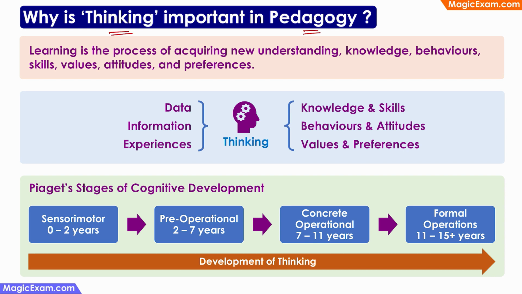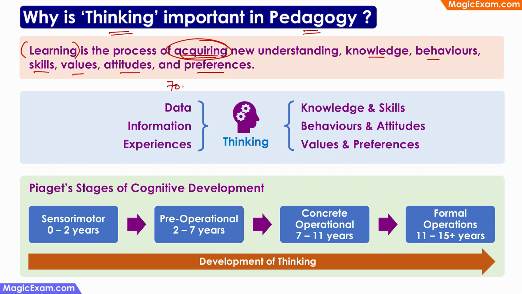Before we answer this question, let's do a quick recap of what we learned about learning in one of our previous videos. Learning is the process of acquiring new understanding, knowledge, behavior, skills, values, attitudes, and preferences. So how do we acquire all of these? Think of it like how you eat food.